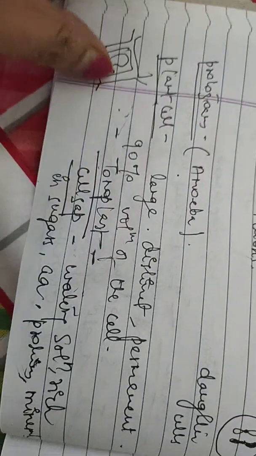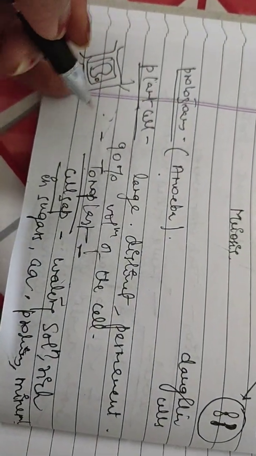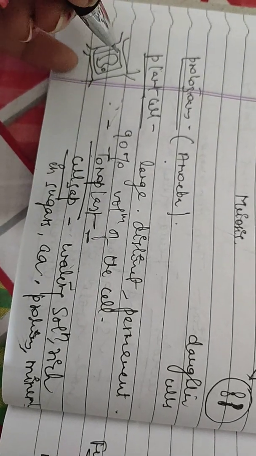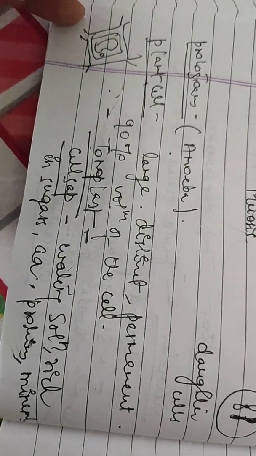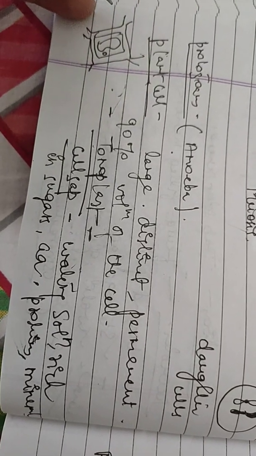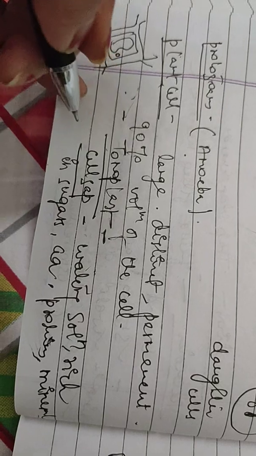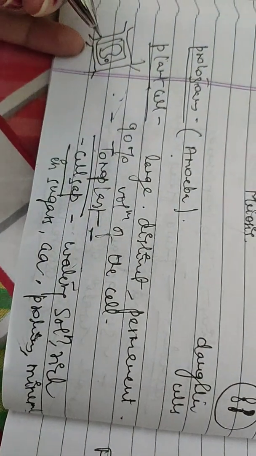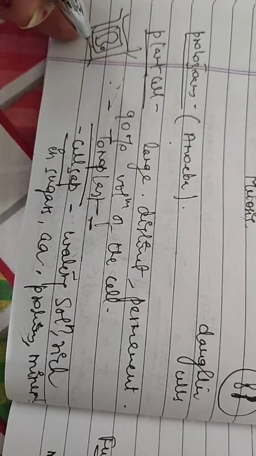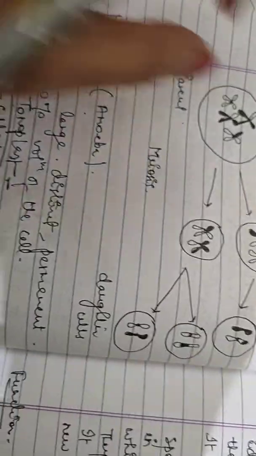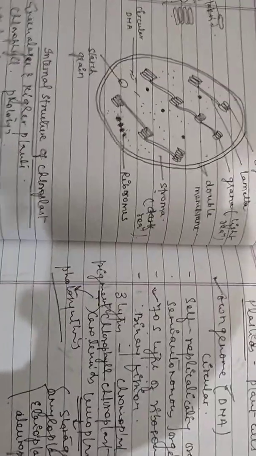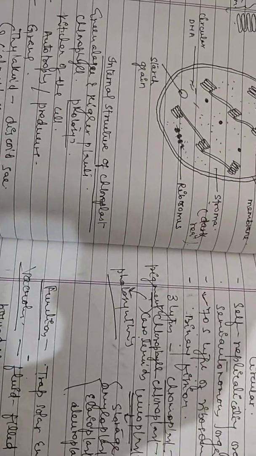If the vacuole cell sap is full, the plant becomes turgid, and if the cell sap concentration is low, the plant may show a flaccid condition. So this is all about the chloroplast as well as the vacuole.